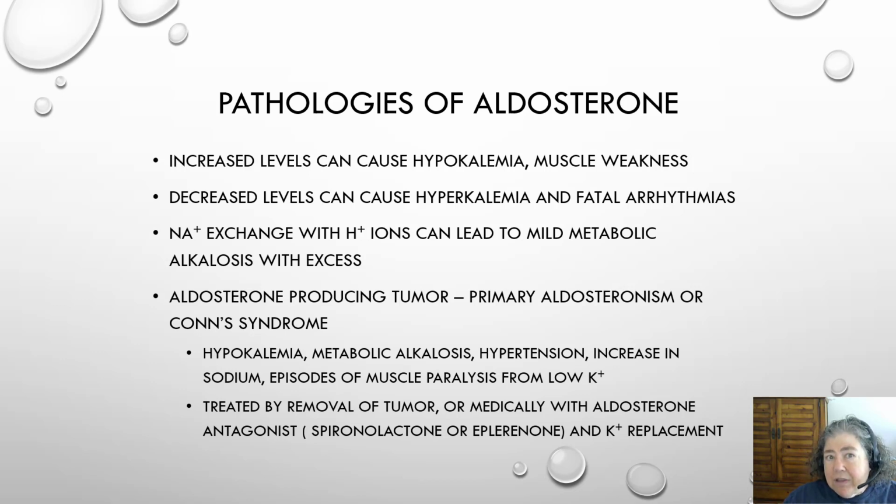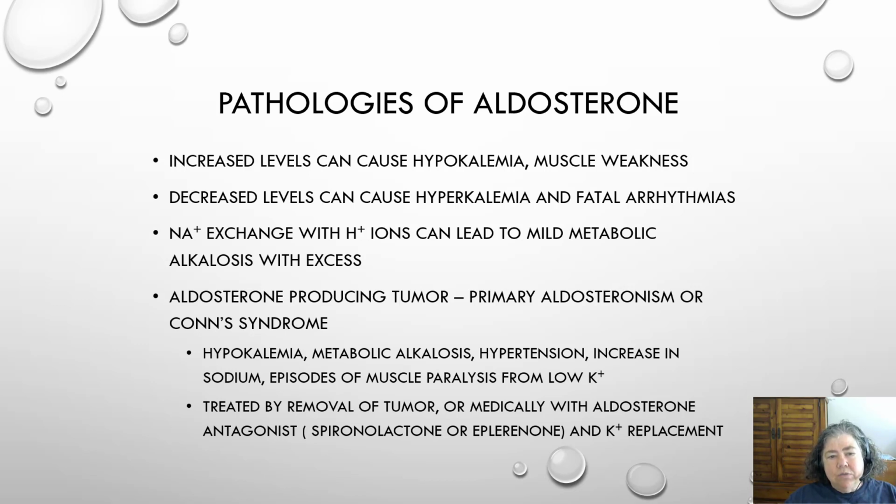When are aldosterone levels high? Well, sometimes we get an adenoma. And we've talked about adenomas. They are functional tumors that tend not to be under control of the normal homeostatic mechanisms and make hormone.